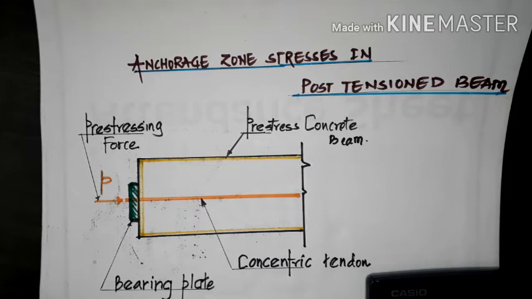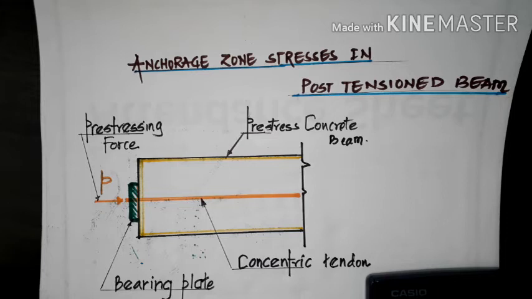But in case of post tension construction, the ducts are provided into the beams, and after pouring the concrete, when the concrete reaches the hardened stage, the tendons will be passed through the ducts and stretched.